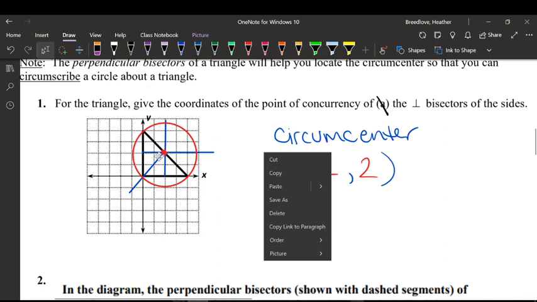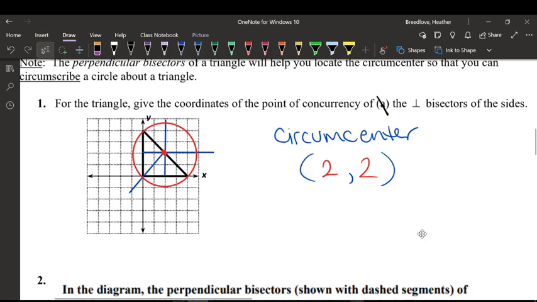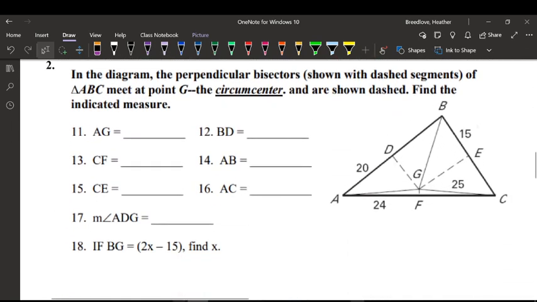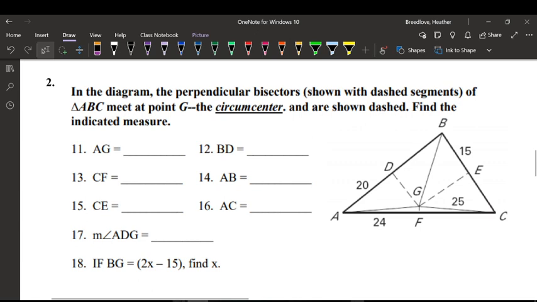And it's equidistant from the center of the circle to all of the vertices. Okay? So one more set of practice for circumcenter. We're not going to do the last one, by the way. You're welcome to do it if you like, but we're not going to go over that one.